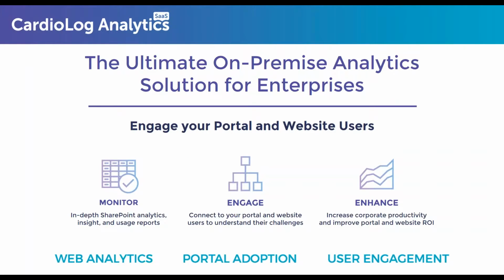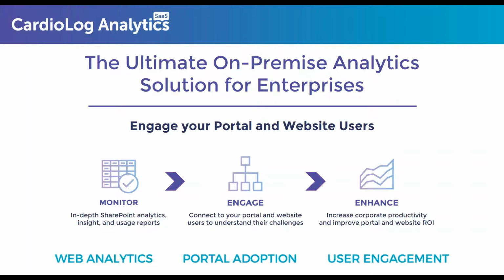Our goal is to help our customers constantly improve SharePoint based on how it's being used. There are three main pillars, three areas that we focus on and work with our customers to improve. The first one is monitor. This is about tracking the usage within SharePoint. The second one is engaging with the users, asking them what their needs are, what their pain points and challenges are, and what's specifically not working for them in SharePoint.